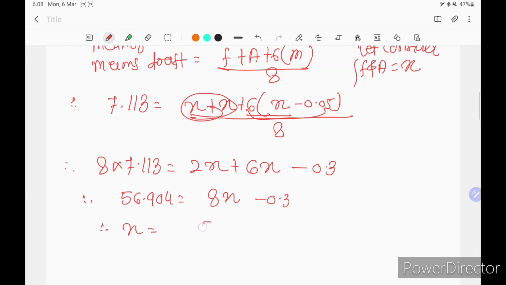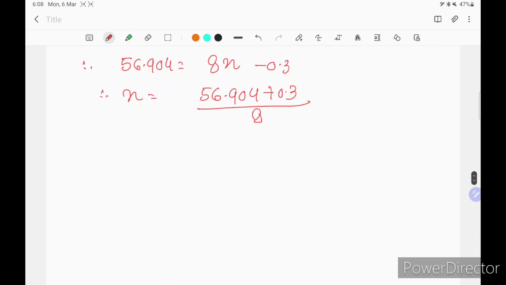So x is equal to 56.904 plus 0.3, divided by 8. So the x value is 7.151.